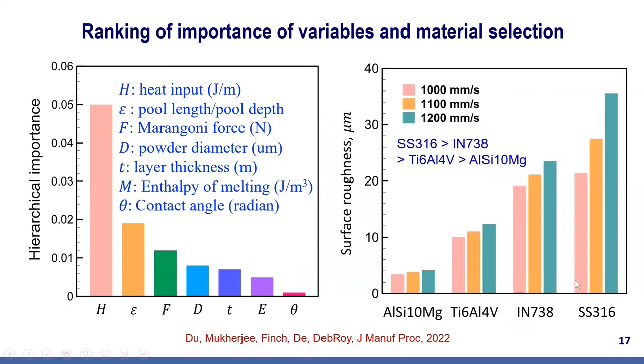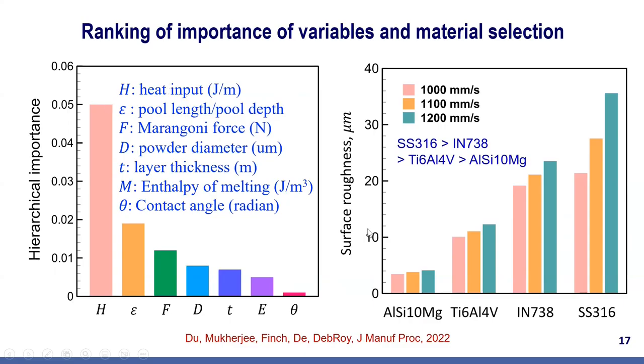Again, we can find the important variables, and also we can use this index as a tool for material selection. Here we are plotting the hierarchical importance of different variables like heat input, aspect ratio, Marangoni force, powder diameter, layer thickness, enthalpy of melting, and contact angle. The most important variable to control the surface roughness is the heat input.